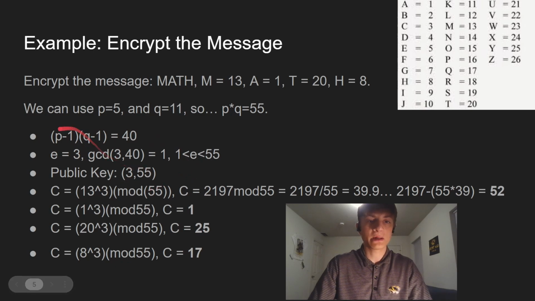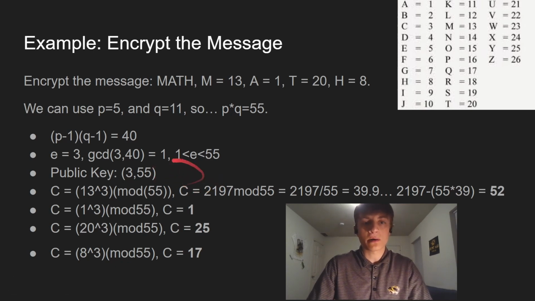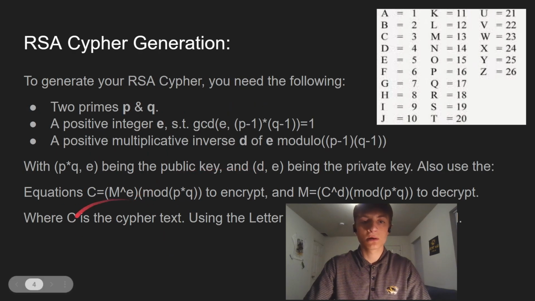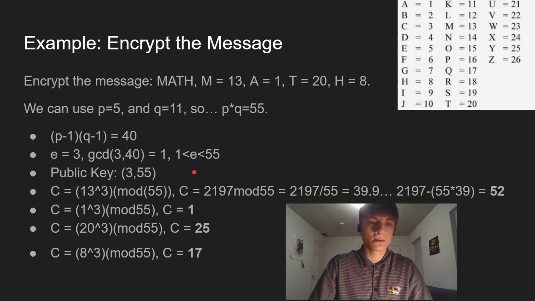So our public key is going to be 55, 3, after we use e equals 3, because the GCD of 3 and our 40 is equal to 1, and e is between 1 and 55. So then we'll use our encryption cipher equation from the last slide to find our encrypted number.